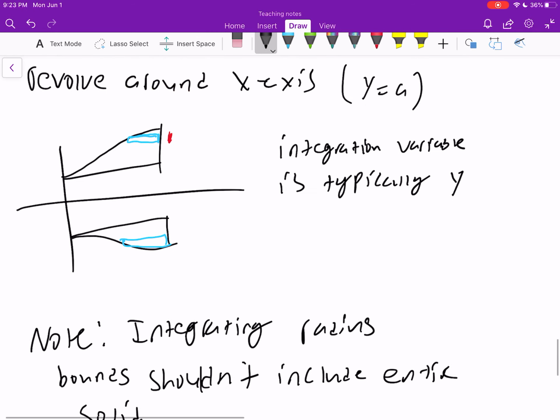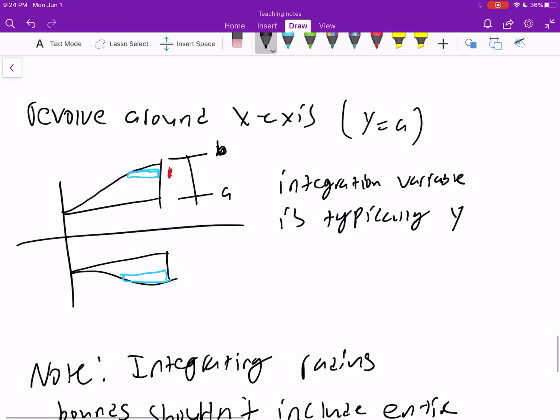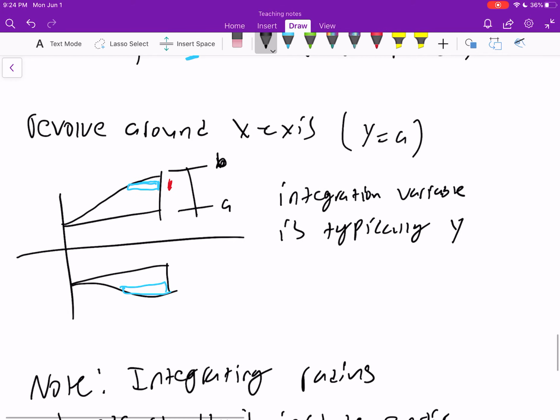What I mean is, in this example up here, the only thing I'm going to integrate over is this, because when I'm integrating, I'm talking about a radius. I only care about half the whole thing when I'm talking about a radius. If I were doing this in terms of diameter, maybe I would integrate over the whole thing. But I only want to integrate over one part of this solid. All of the other half is taken care of by all the math I've done beforehand. So when I talk about an integral from a to b with these things, that integral just extends over half of the solid that I've drawn.